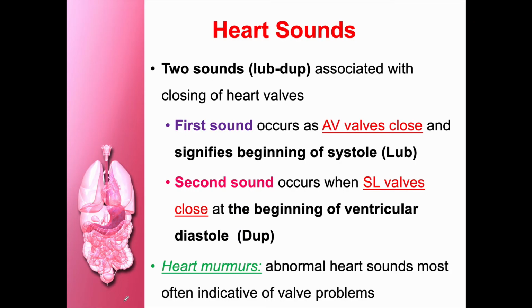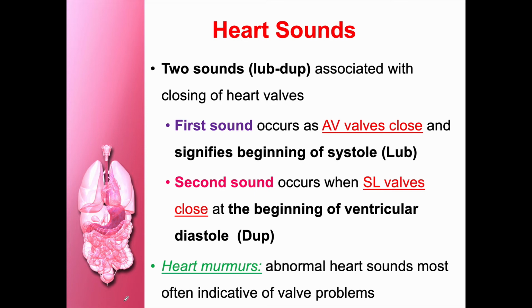Generally the heart sounds are developed by the closure of heart valves. Keep that in mind. There are four valves: the bicuspid valve and tricuspid valve, which are called atrioventricular valves, and the semilunar valves, that is the aortic and the pulmonary valve.